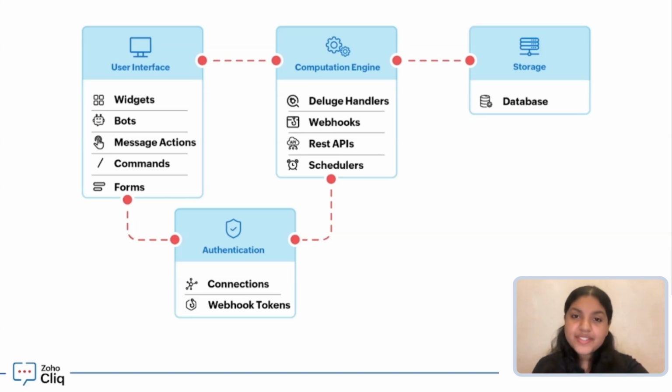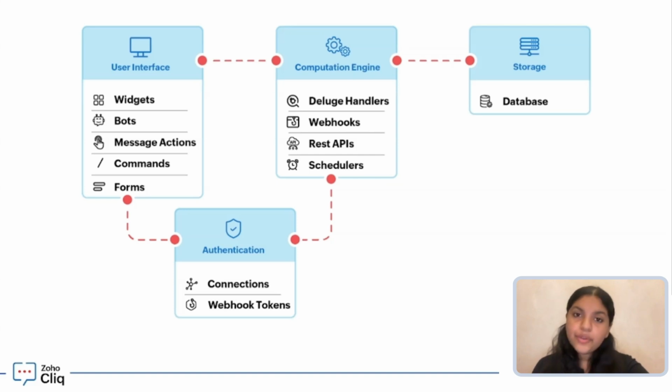And schedulers are there to automate any recurring repetitive tasks that you might have without any manual interaction, or manual sending on a recurring basis. You can use schedulers for that. And as a storage solution, we also have Cliq databases if you need to store any data in a secure manner.